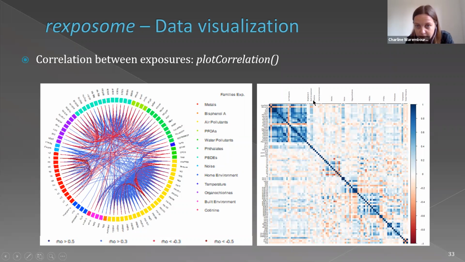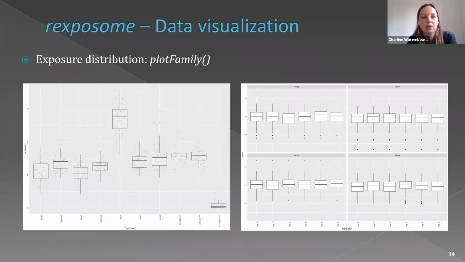Here we can see that the air pollutants are highly correlated. Here we can see another group, which are the organochlorine compounds, polybrominated, and here the phthalates. So these are some functions that you can use to visualize the correlation between your exposures.